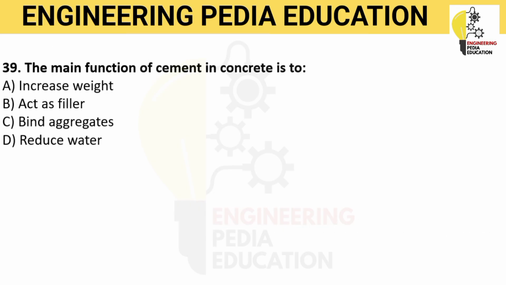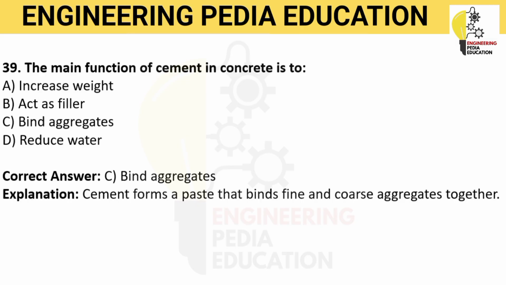The main function of cement in concrete is to increase weight, act as filler, bind aggregate, reduce water. So the correct answer is bind aggregate. Cement forms a paste that binds fine and coarse aggregate together.